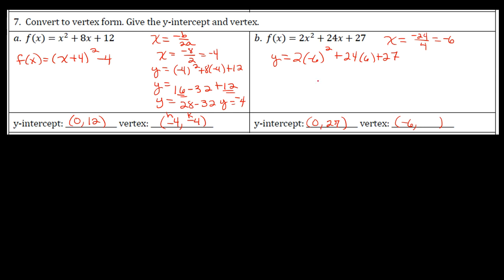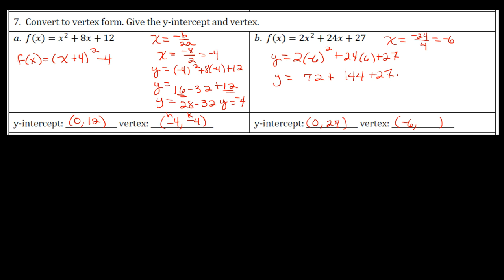I'm going to use my calculator. So we're going to have 36 times 2. That gives us 72. We're going to say 24 times 6. That gives me 144 plus 27.